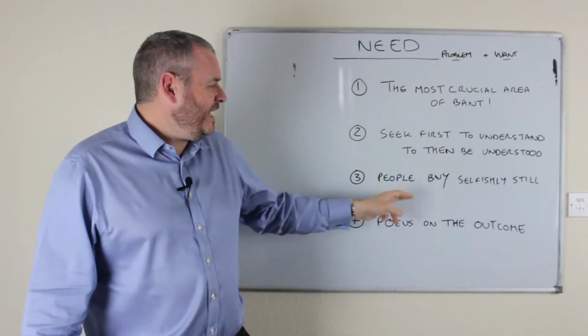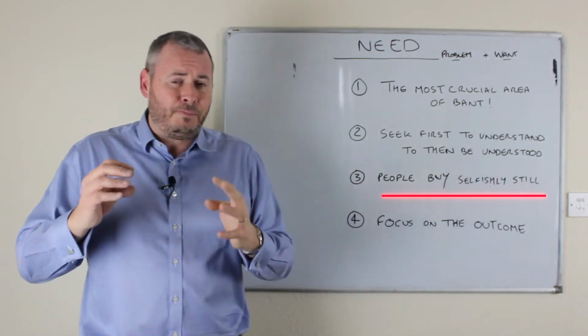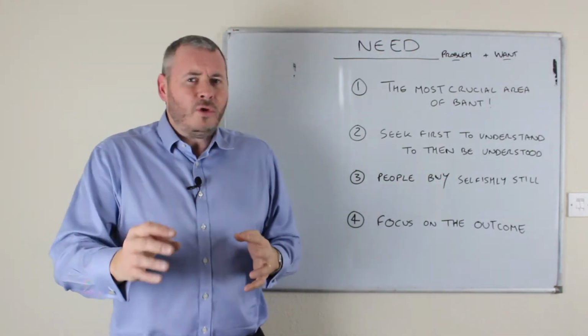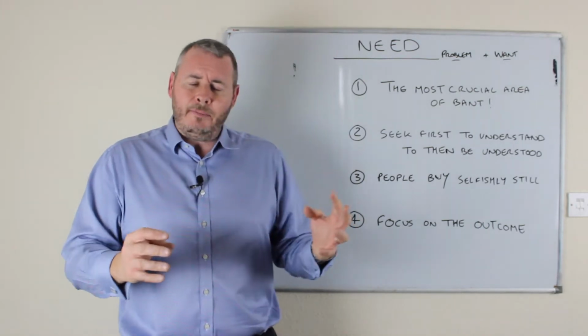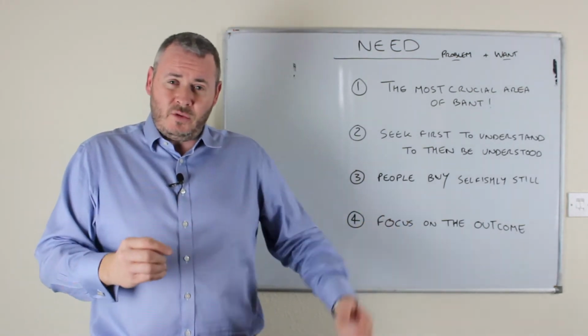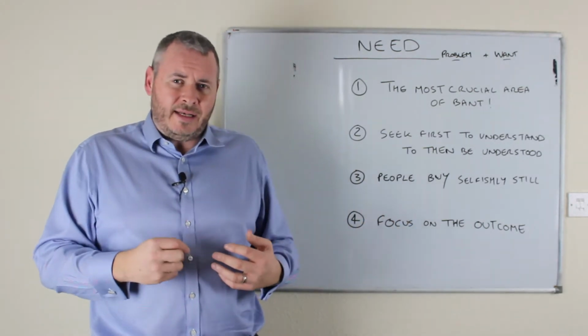The third thing to consider as part of this process is that people still buy selfishly. I'm not saying for one moment that anyone in a company will make a decision, if you're selling to a company, just to serve their own ends. But people will make decisions. In the 70s and 80s, it was people never got fired for buying IBM.